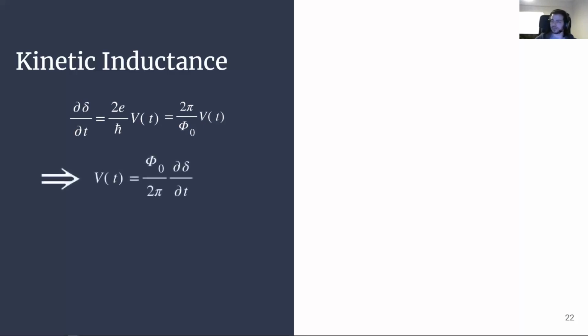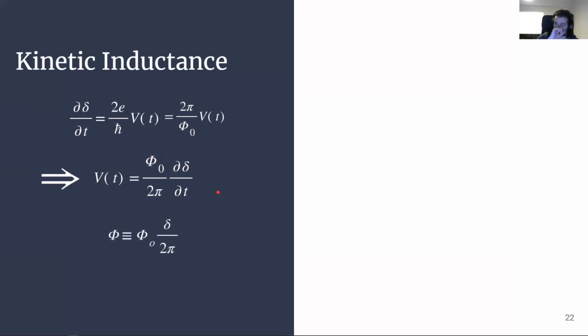Here, this would yield, rearranging, the voltage across the junction like so. This is the quantum flux. This is 2 pi times the change of the phase with respect to time.